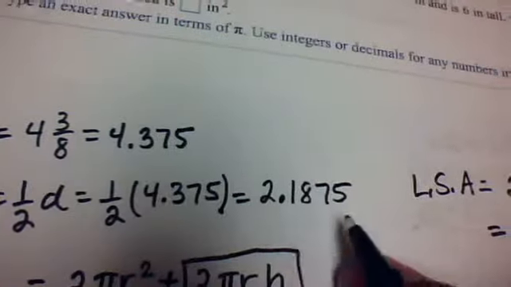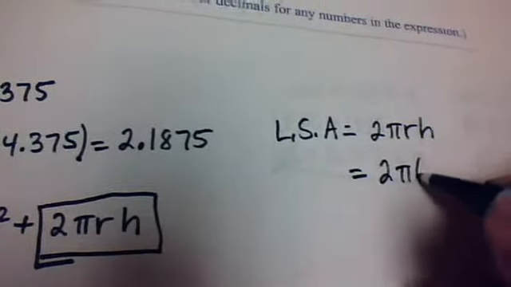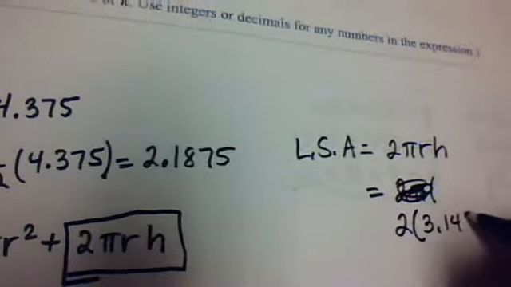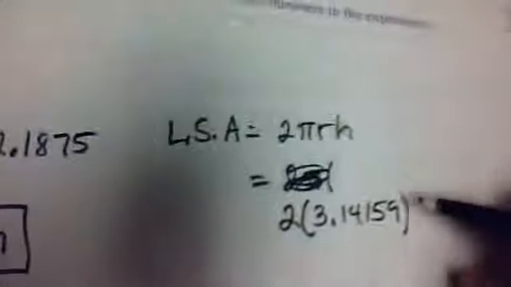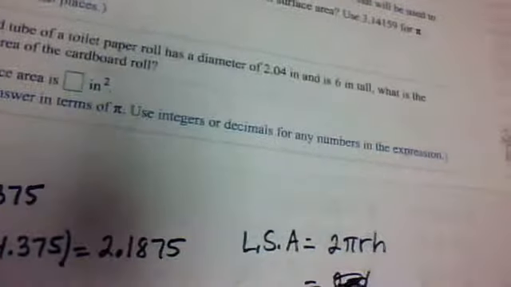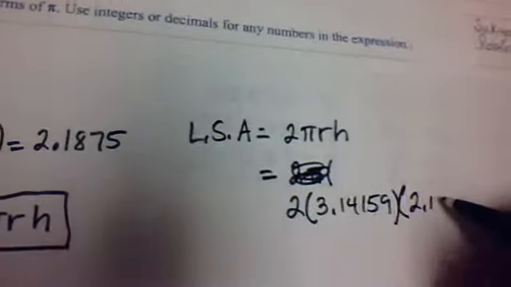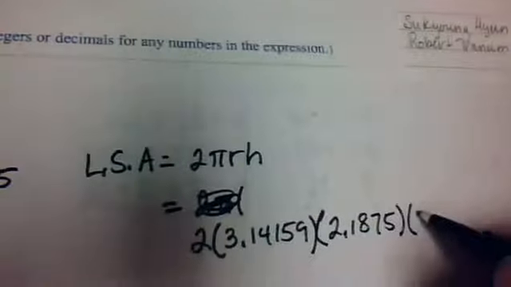And we're told, well, the radius, we found that out to be 2.1875. So in this case, this will be 2 pi. Oh, by the way, pi, we're using 3.14159, because we're told to use 3.14159 for pi, times the radius, which is 2.1875, times the height, which was 3, because we're told that it was 3 inches tall.